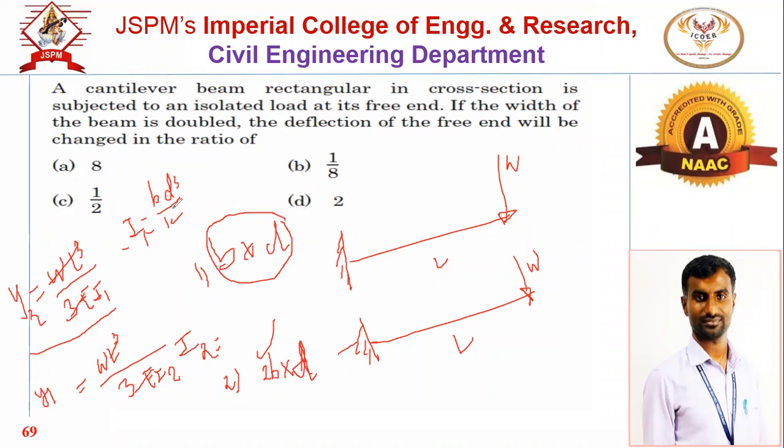For B into D, it is BD cube by 12. Correct. So for twice of B into D, 2BD cube by 12. Very good. If you take the ratio of this, you will get that ratio of the deflection.